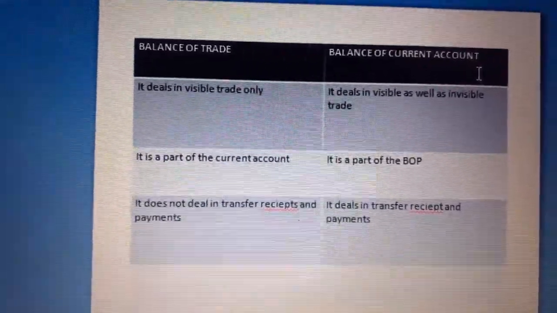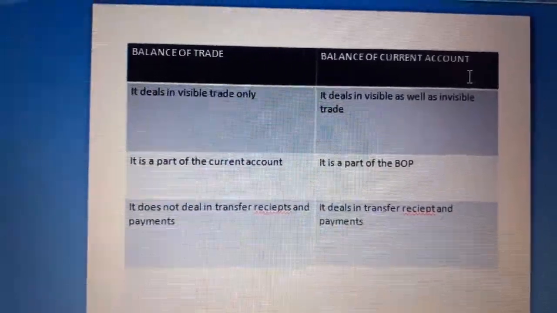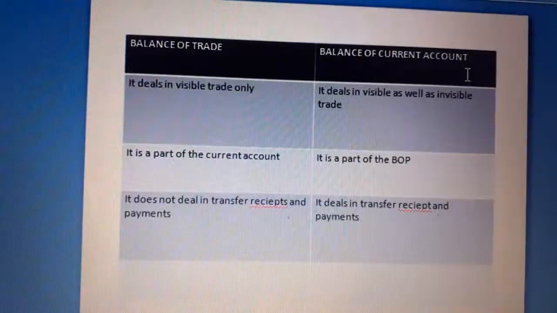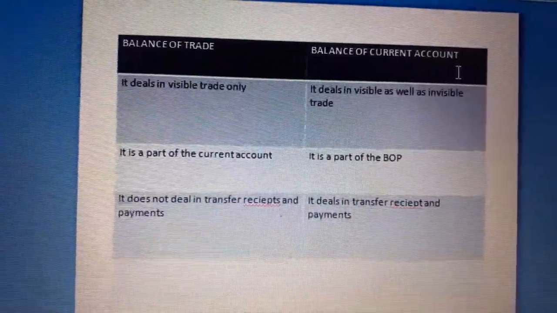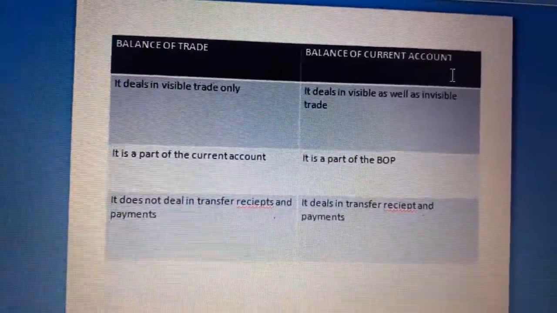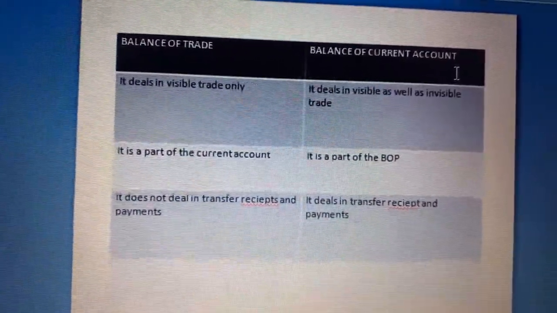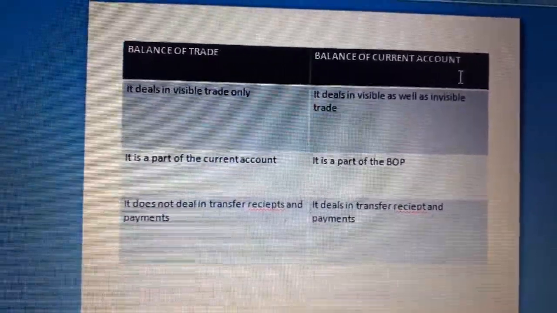Now the second difference, the third one which I've given here should have been the second difference. The balance of trade does not deal in transfer receipts and transfer payments, but the balance of current account does deal in transfer receipts and transfer payments. These are the two primary differences.